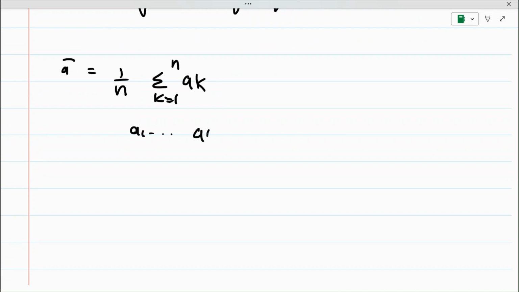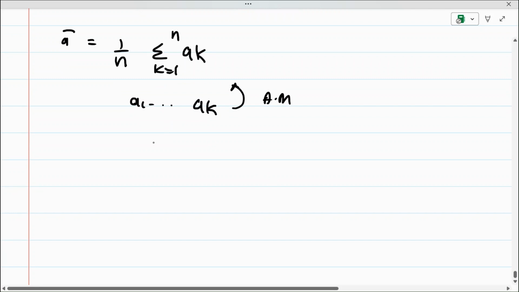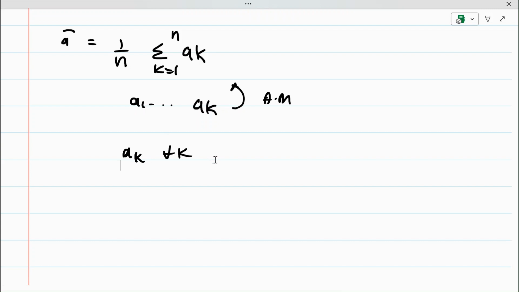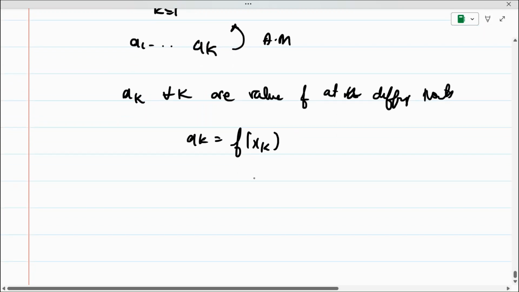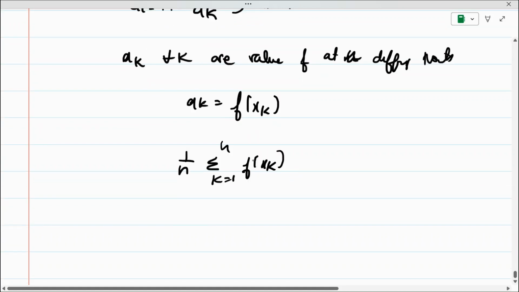We want to take a number, the arithmetic mean of those numbers is a bar, and say if you want to take a distinct value of a function, the value at different points, k equals 1 to n, then the arithmetic mean of the function values.